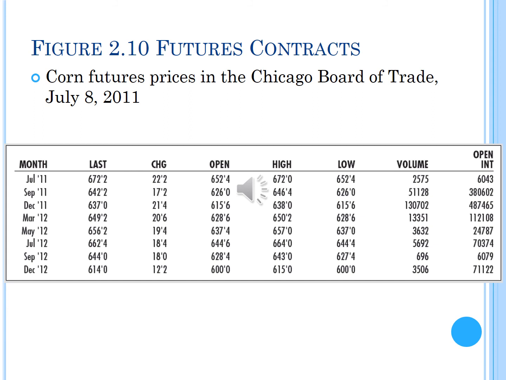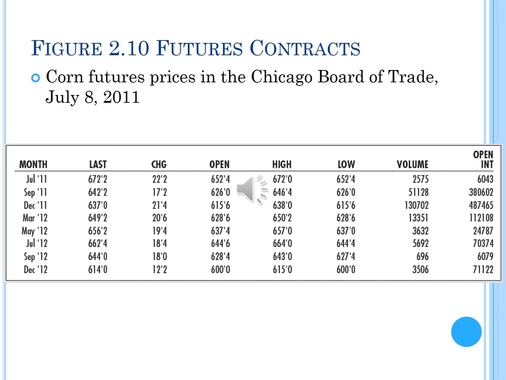The most recent price was $6.7225 per bushel of corn, and that price is up $0.2225 from yesterday's close.